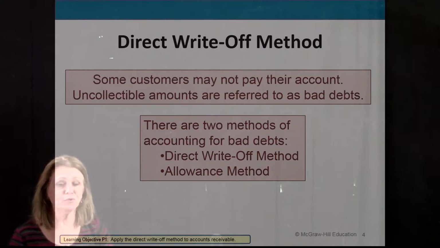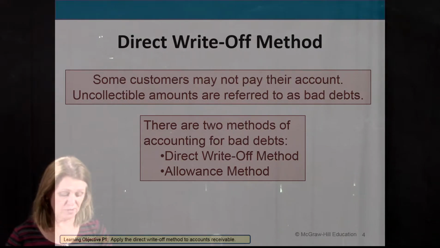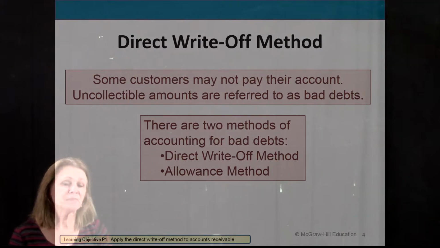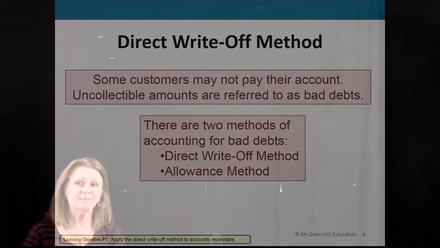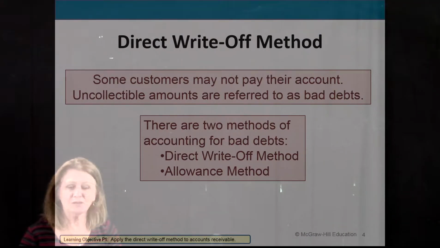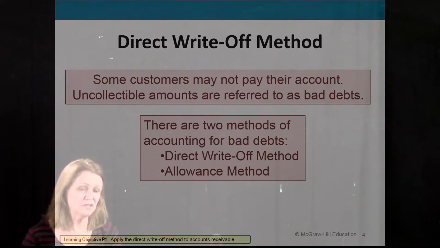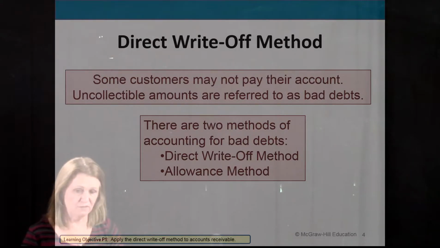So you would debit bad debt expense for $500 and credit accounts receivable for $500. And if you are a small company and you're on the cash basis, that's okay. That's called the direct write-off method.